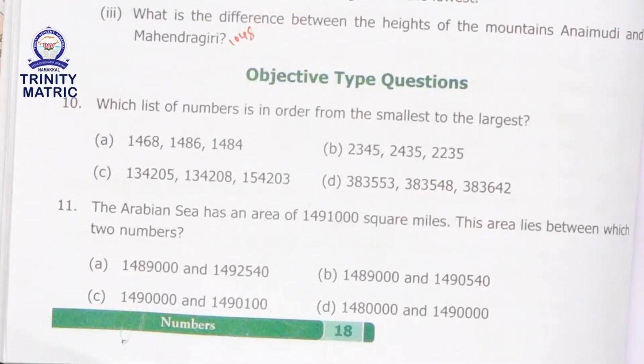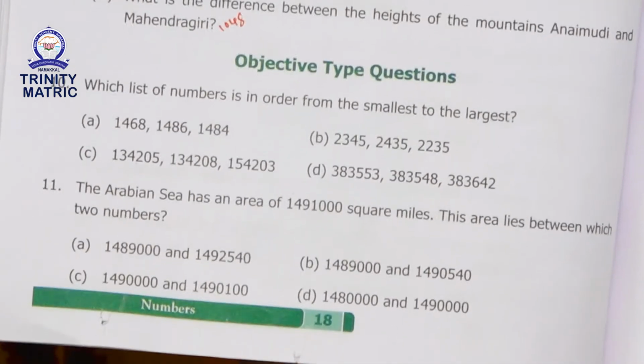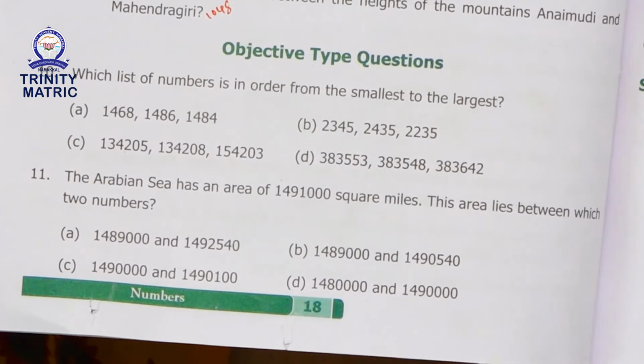Which list of numbers is in order from the smallest to the largest? Here the 4 options are given. Now we check each option to find the answer. See the first one, 1468. That is the smaller number, okay. Then 1486, then 1484.